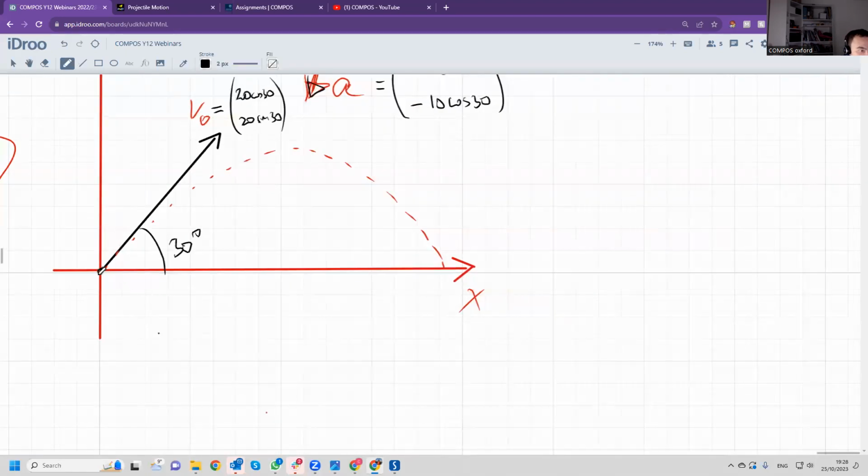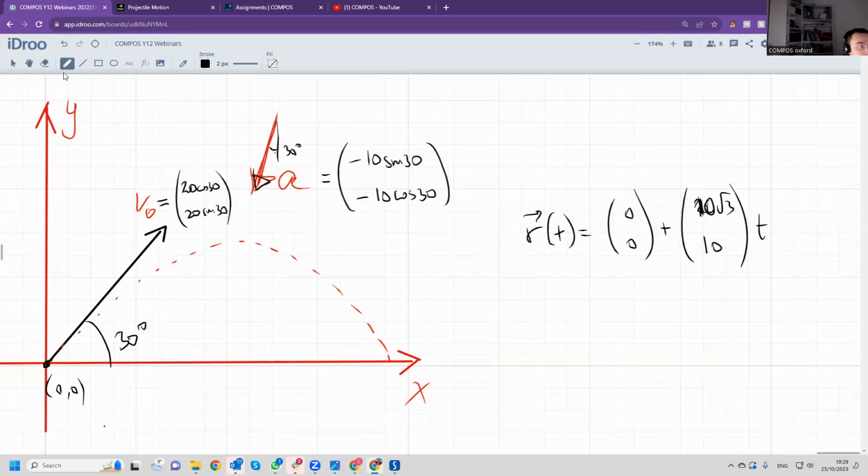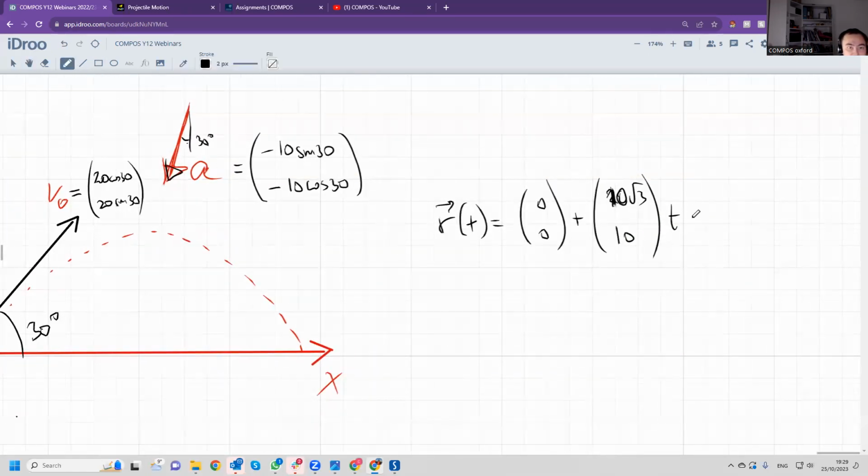My initial position is 0, 0 still. And the equation becomes r of t is 0, 0 plus 20 cos 30, so it's 10 root 3, 10 times t, plus 1/2 multiplied by minus 10 times sine 30, so minus 5, and 10 cos 30, it's minus 5 root 3, multiplied by t squared.